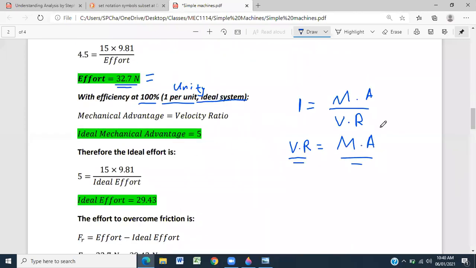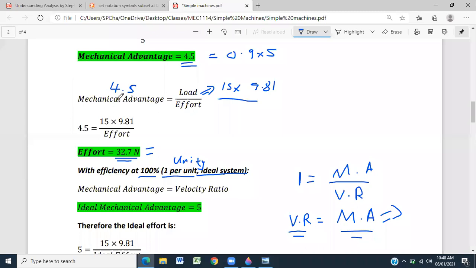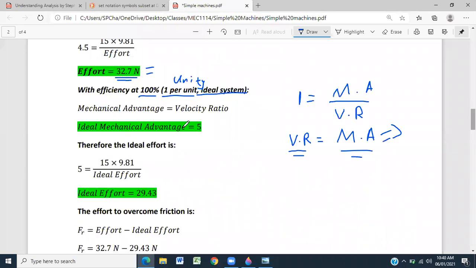So if the velocity ratio for this system is 5, then the ideal mechanical advantage, not the one at 90% efficiency, which is this 4.5 that we calculated, right? This one here was at 90% efficiency. The ideal one is 5. 5 divided by 5 is 1. So that makes sense to us, right? So the ideal mechanical advantage is the same as the velocity ratio.